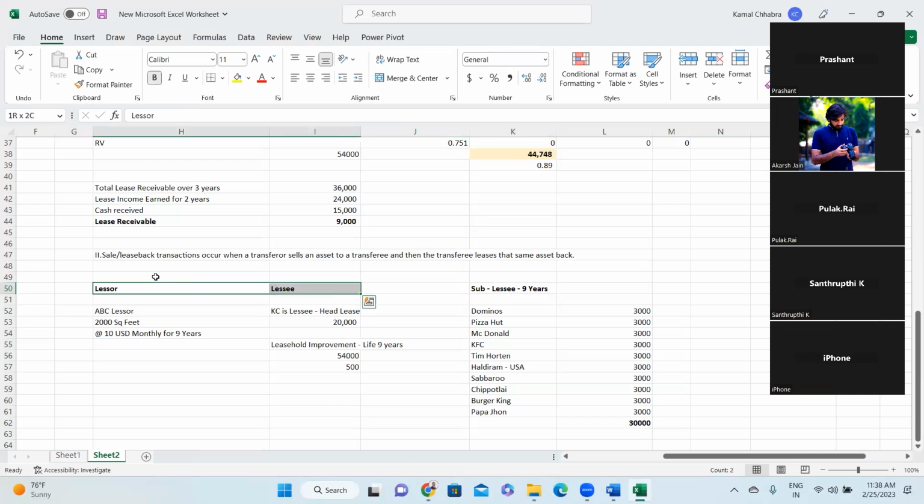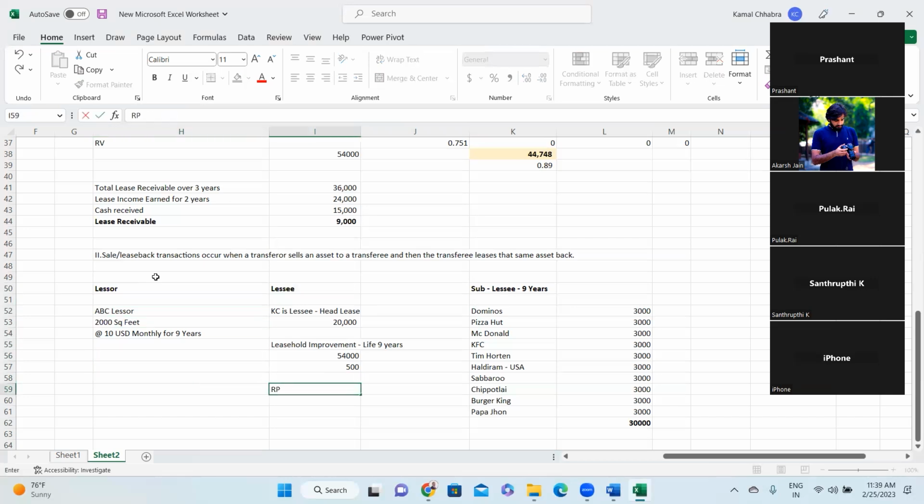In this arrangement, I will recognize, from the lessee standpoint, the right-of-use (ROU) asset and the lease liability. These two things I will be recognizing as a lessee.